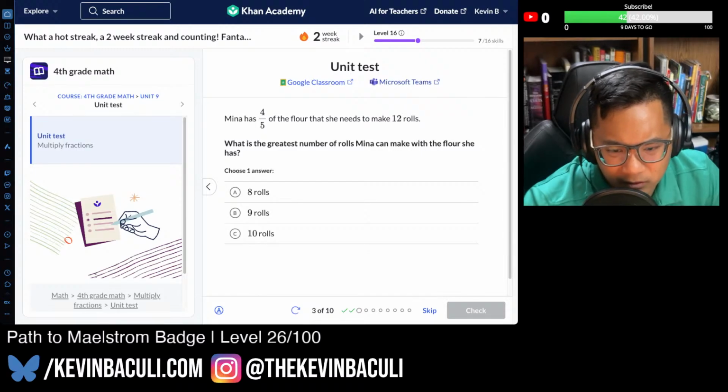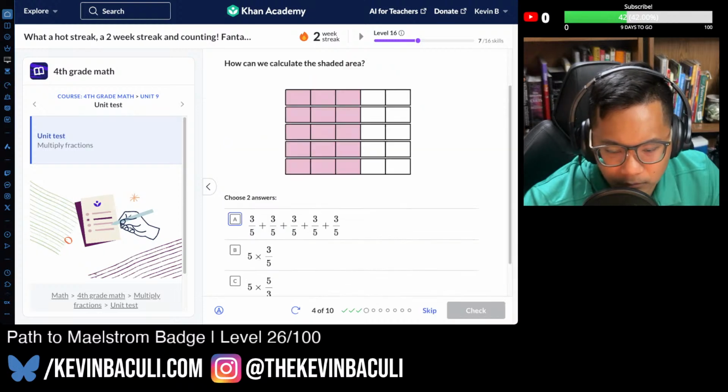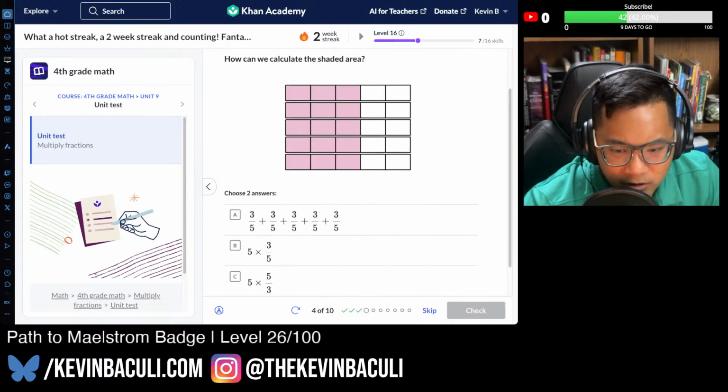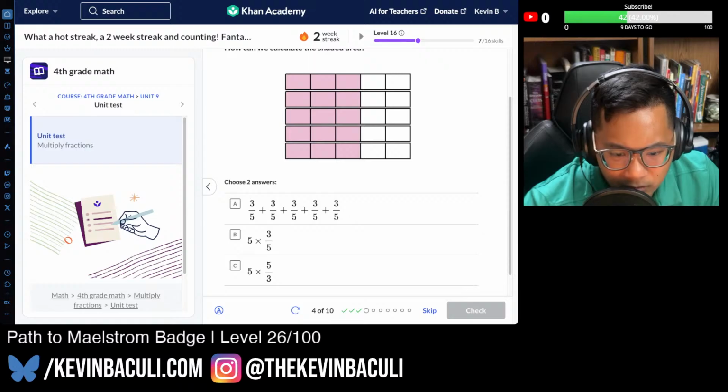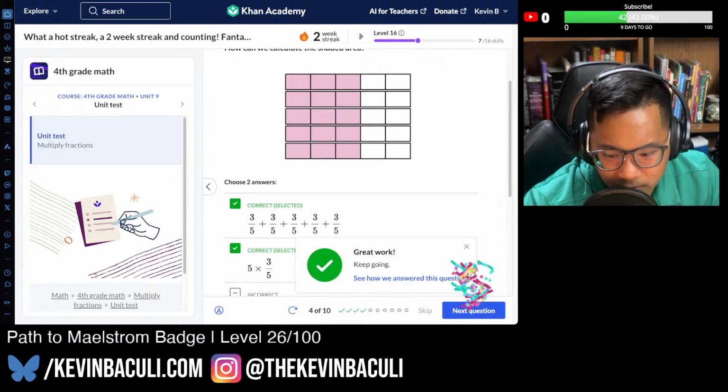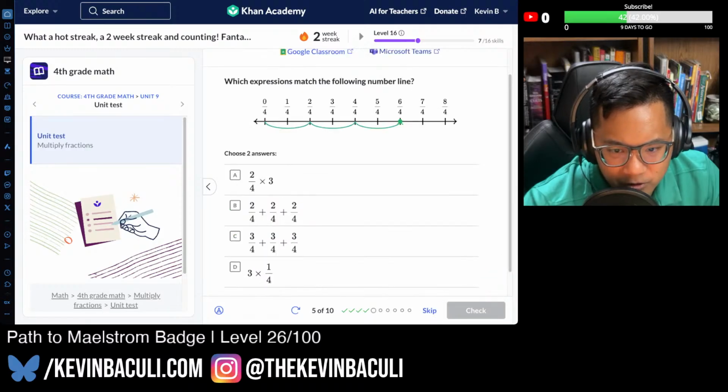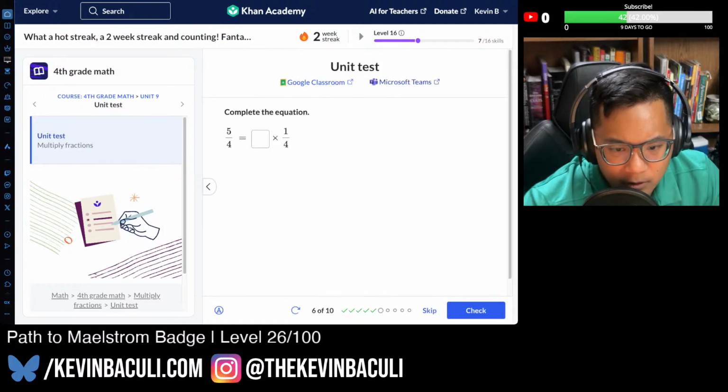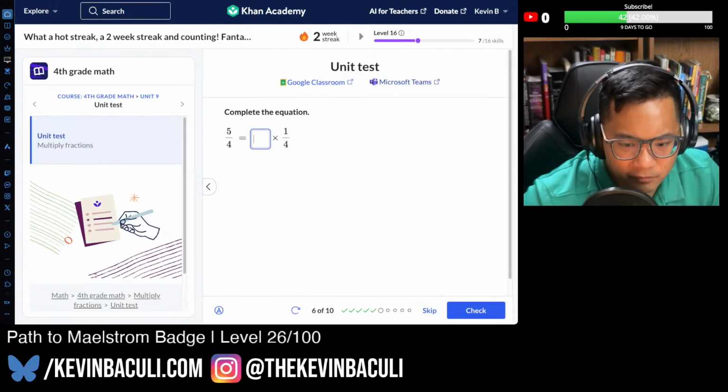$9. How do we calculate the shaded area? We can do that. 50, 50, you can do that too. Which expressions match the following number line? The equation 5.